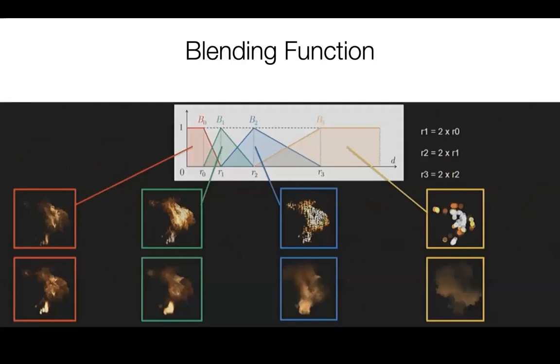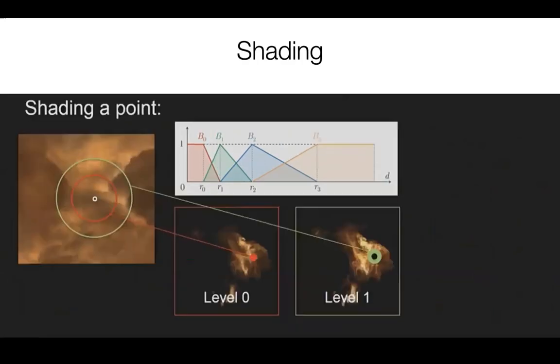What they do is that in between the levels, they blend these values to have a nice smooth behavior. So they define one distance R0 and the corresponding blend function, and all the distances R1, R2, R3 are a function of the previous R0. As written on the right side, at level 0, you will have this red circle, and you will perform your shading from all the VPLs which are present in the red circle.